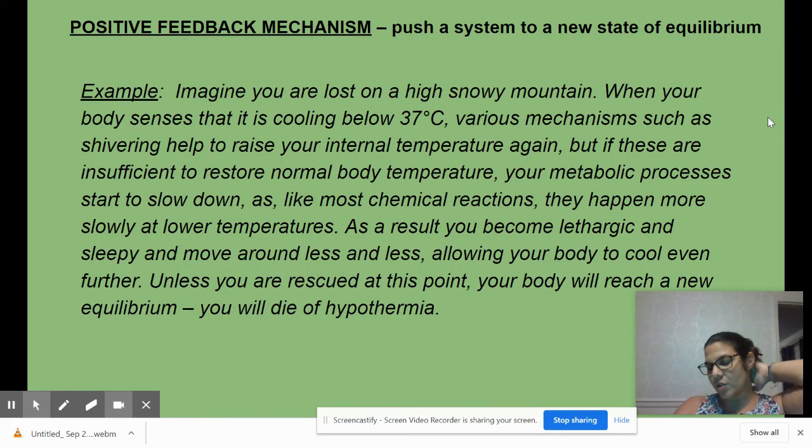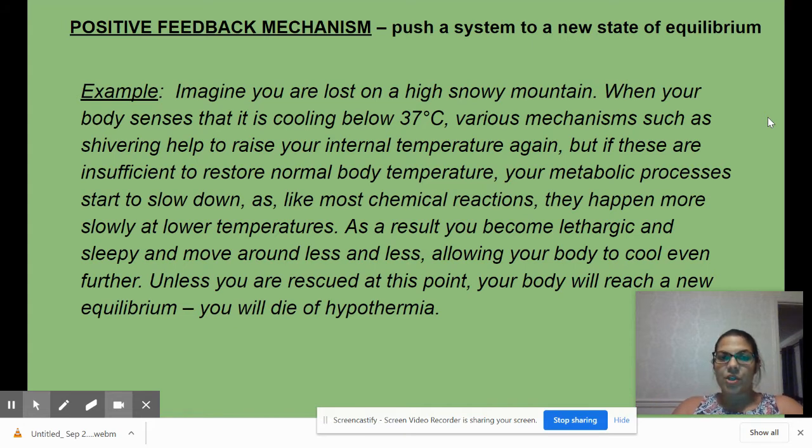Okay. So here are some other ways of explaining it. Your positive feedback mechanism pushes the system to a new state of equilibrium. Imagine you're lost on a high snowy mountain. When your body senses that it's cooling below 37 degrees Celsius, various mechanisms such as shivering help to raise your internal temperature again.